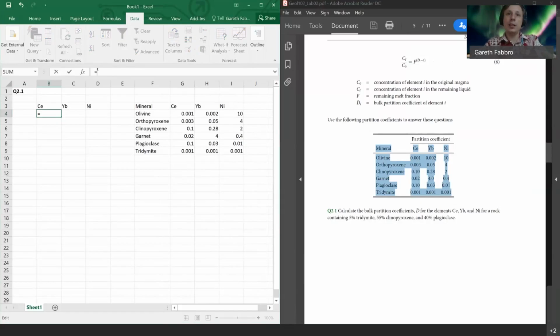So we know for cerium, this would be equal to, we want 5% tridymite, so 0.05 multiplied by the partition coefficient of tridymite, plus, and I'm putting this in brackets to make sure it does the multiplication first, then the addition.